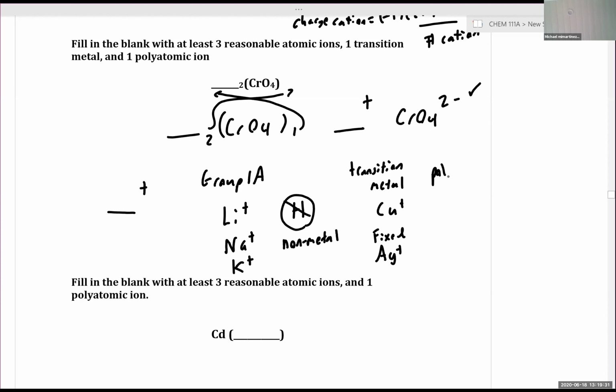For our polyatomic ion, what polyatomic ion has a +1 charge? Ammonium, exactly right. So this is NH4 plus. Does this example make sense to everyone so far?